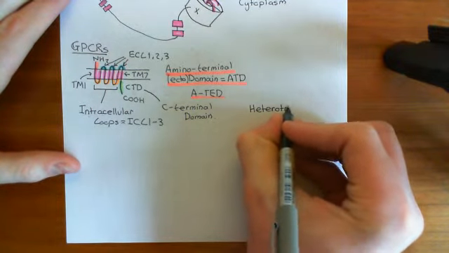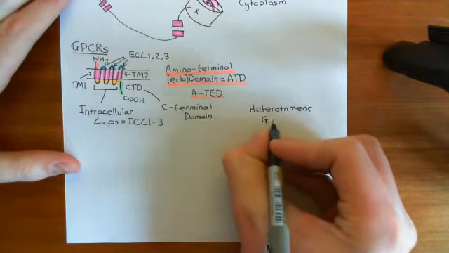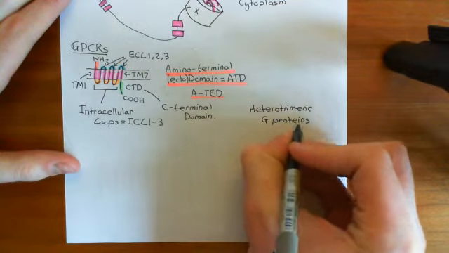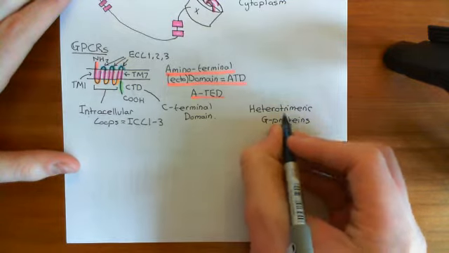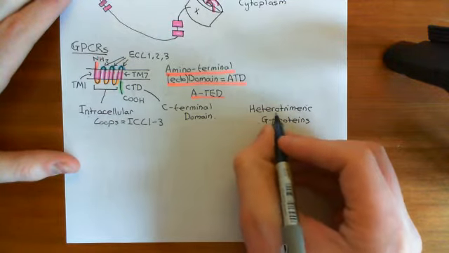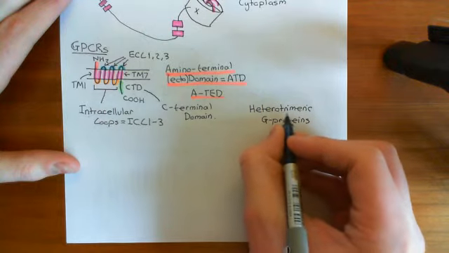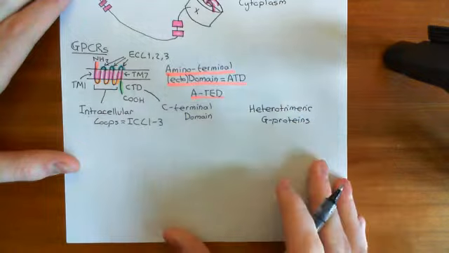So the name gives us some clues to the structure of heterotrimeric G proteins. Heterotrimeric means a trimeric structure is a structure that has 3 subunits making up the entire thing. Hetero means different, so this tells us that the 3 subunits that make up the full complex are going to be different subunits.